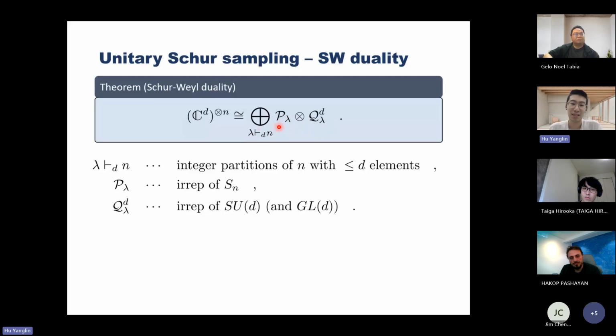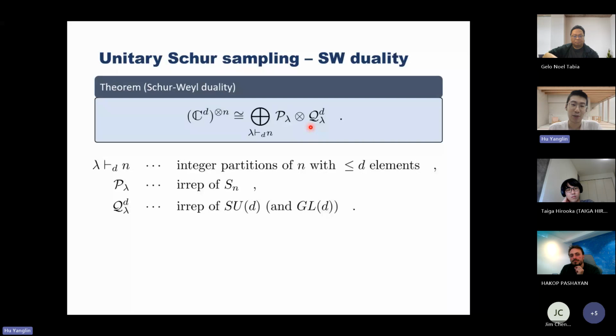That means the permutation group only acts non-trivially on this P lambda subspace, and Q lambda is the irreducible representation of the unitary group. Also, it's an irreducible representation of the general linear group.